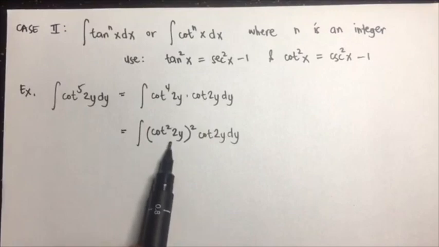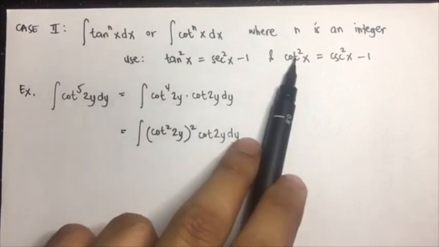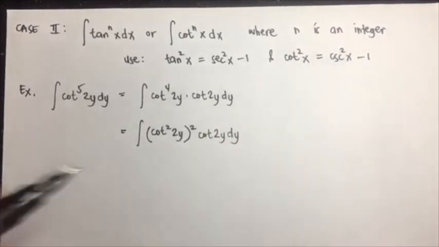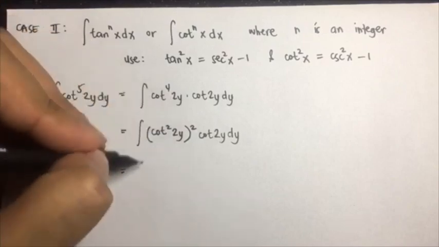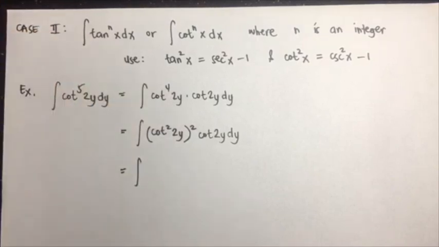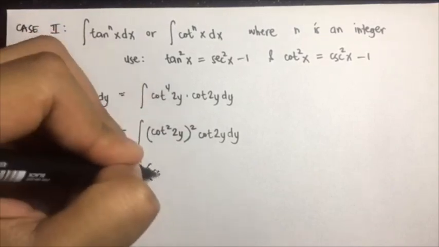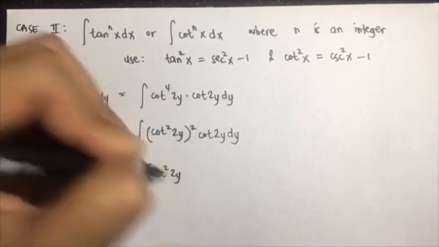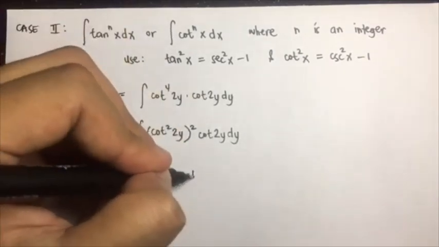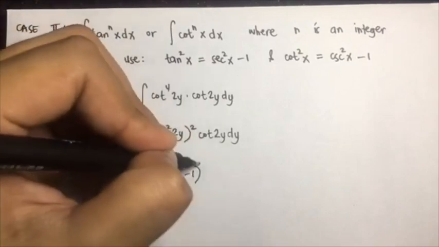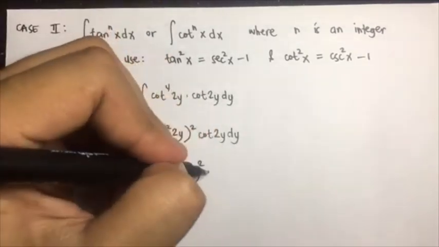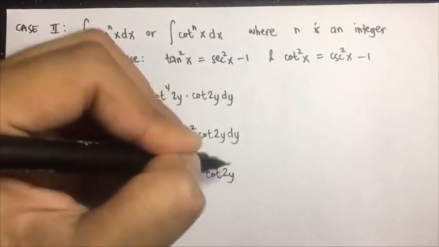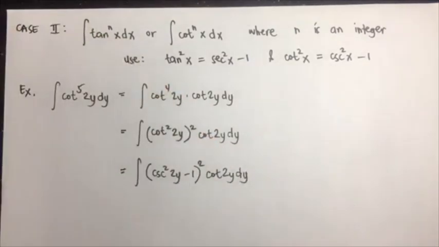Replacing cotangent squared with cosecant squared minus 1, this will become the integral of cosecant squared of 2y minus 1 squared times cotangent of 2y dy.